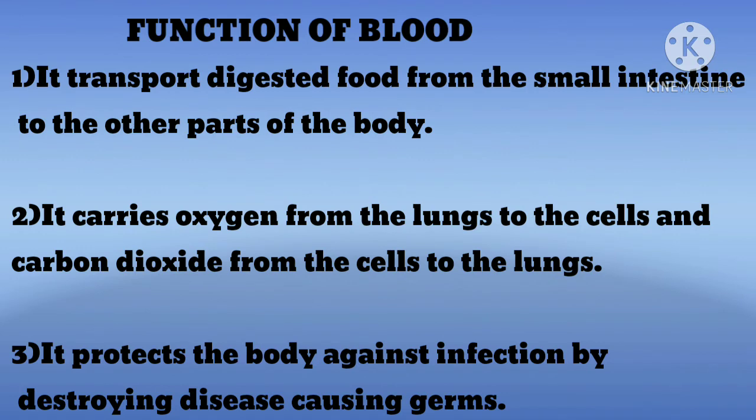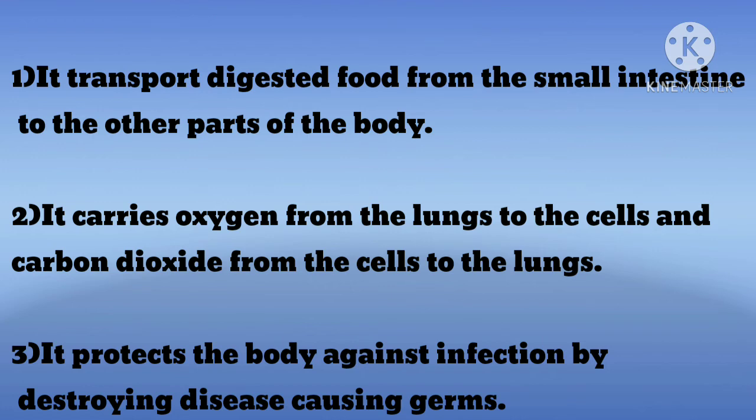Whatever we eat, those nutrients are transported from the small intestine to the other parts of the body, because our digestion is completed in the small intestine. It also carries oxygen from the lungs to the cells and carbon dioxide from the cells to the lungs, right?